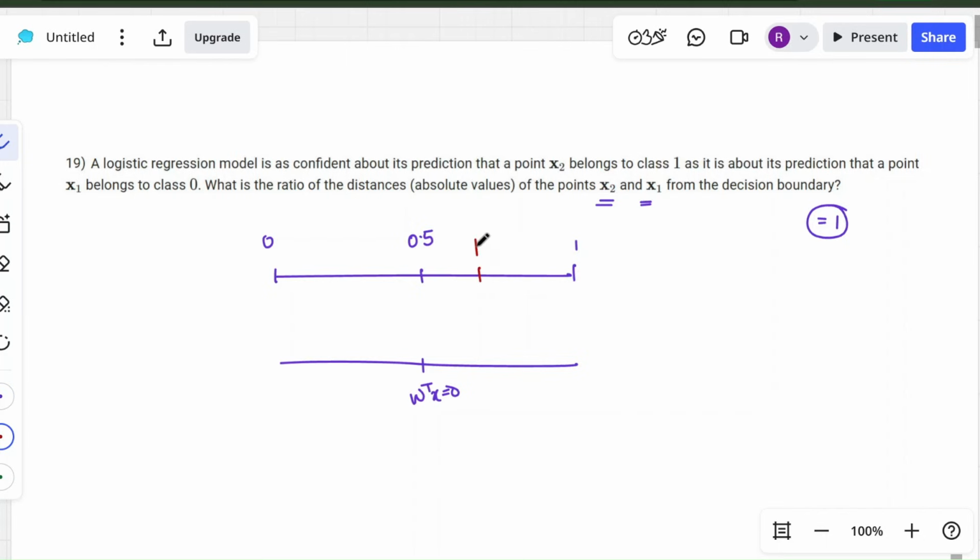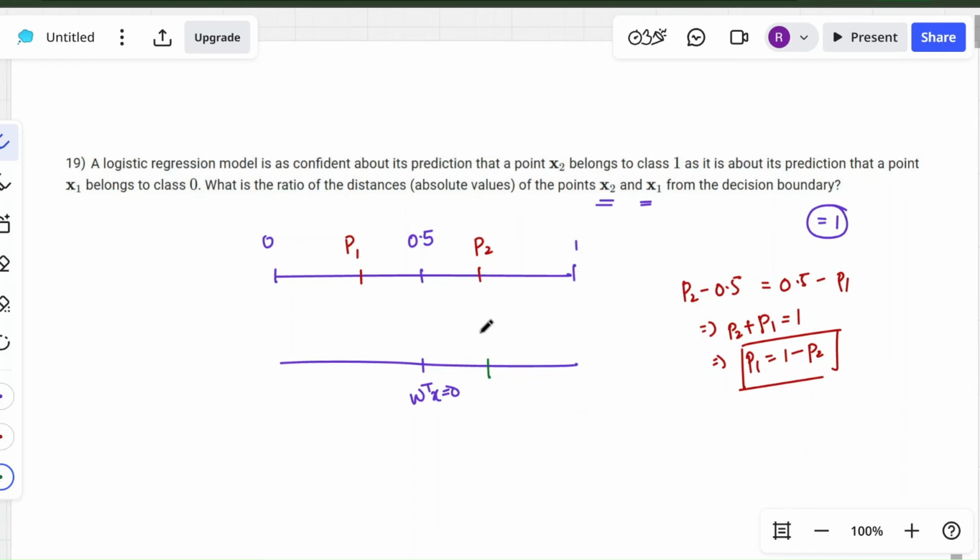That means P2 is here, right? If P2 is here, then P1 should be here symmetrically. Or you can say that P2 minus 0.5 should be equal to 0.5 minus P1, which means P2 plus P1 should be equal to 1, which means P1 is equal to 1 minus P2, right? And similarly, I should have W transpose X2 here and W transpose X1 here.